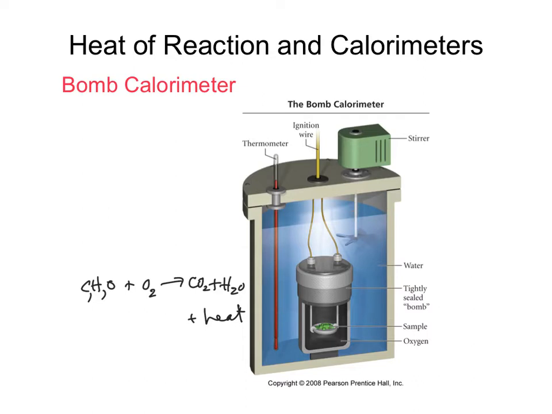And so we use a constant. We have to figure it out with a known sample: how much heat is needed to raise the temperature of the entire thing by 1 degree C. That's given the symbol W for the calorimeter constant.